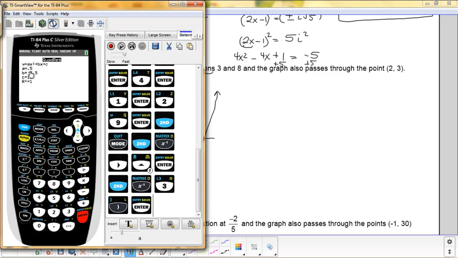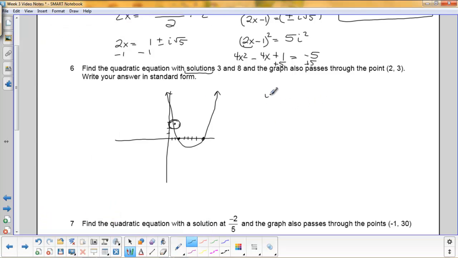So that's going to give me 0.5 x squared minus 5.5x plus 12. And I still have my diagnostic tool on, so that's how I know that it's a perfect regression. So it's going to be y equals 1/2 x squared minus 11 halves x plus 12.